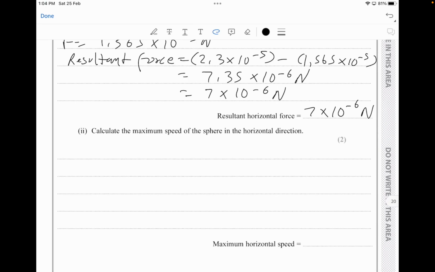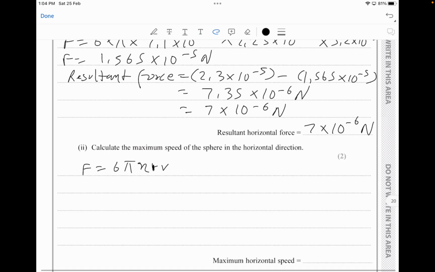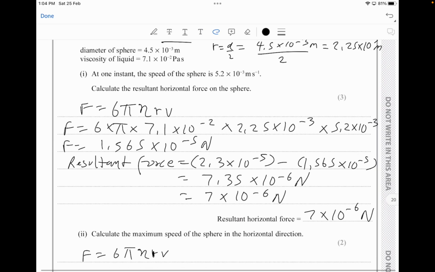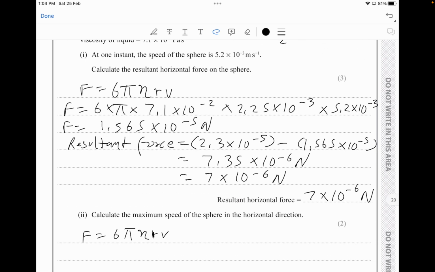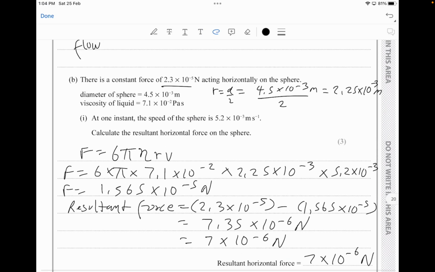So what we're going to do is, since we have to calculate this, we're going to use the same formula again. We know that the force is 6 pi eta RV in this case, and the maximum speed in the horizontal direction. So we have to use the horizontal direction force, or the speed in this case. So the horizontal direction, it has the force here.